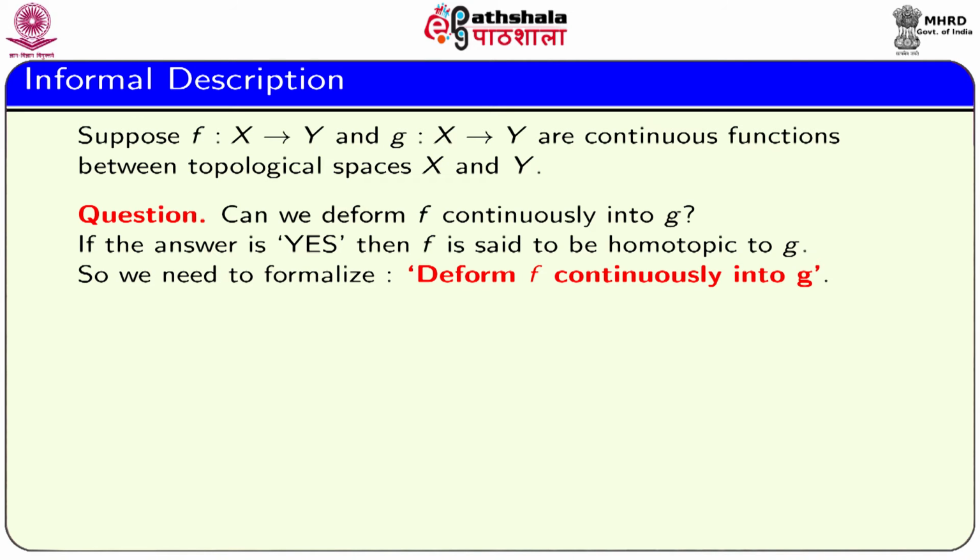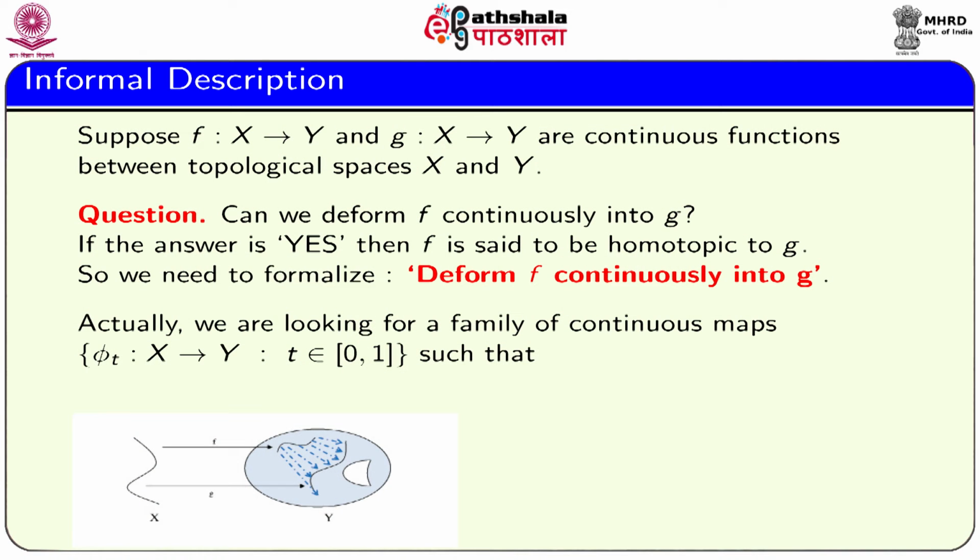Now, if I look at this diagram, suppose we are given two functions f and g, they are continuous functions from a space capital X to another space capital Y. Now, in the figure, we observe that this is the image of X under the map f and this is the image of X under the map g.